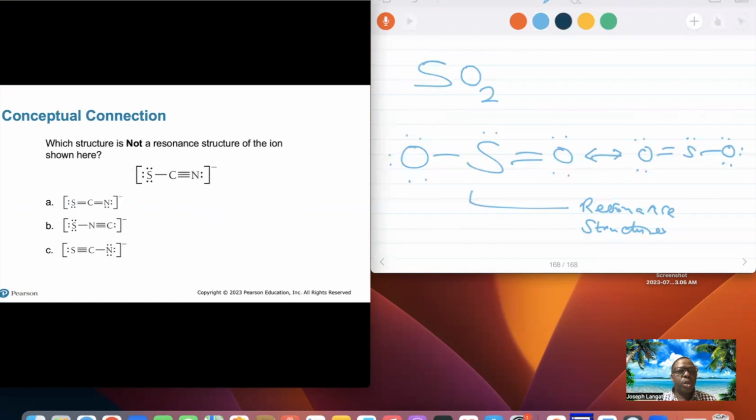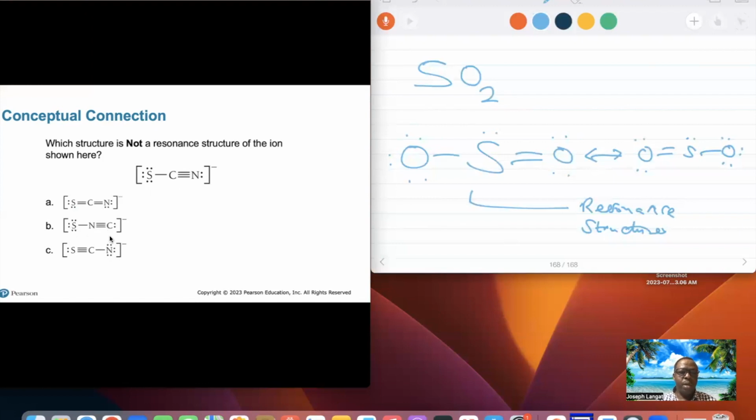Which structure is not a resonance structure of the ion shown here? Nitrogen cannot form more than 3 bonds. It can form 1, 2, or 3.